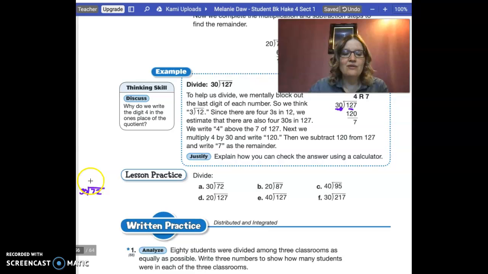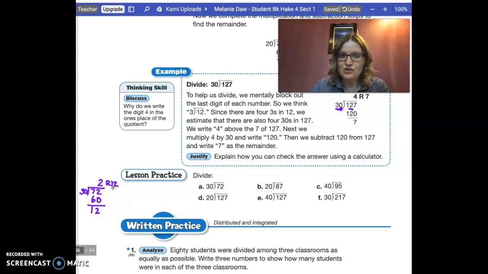But I don't put it right over the top of the 7. No, I put it right over the top in my tens column. 2 times 3 is 6, so 60. I subtract, and my remainder is 12.